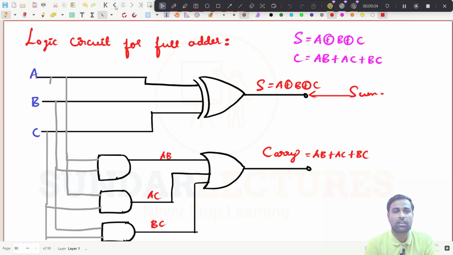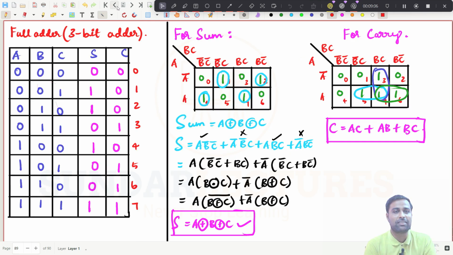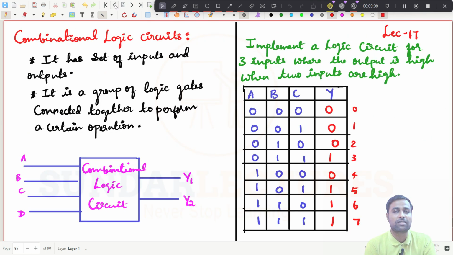So what are all the topics we have seen in this class? We started this class with combinational logic circuits. So what is a combinational logic circuit? It has a set of inputs and a set of outputs, and it is going to perform some operation, right?